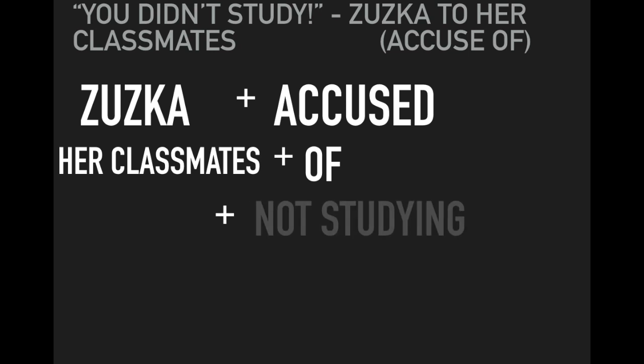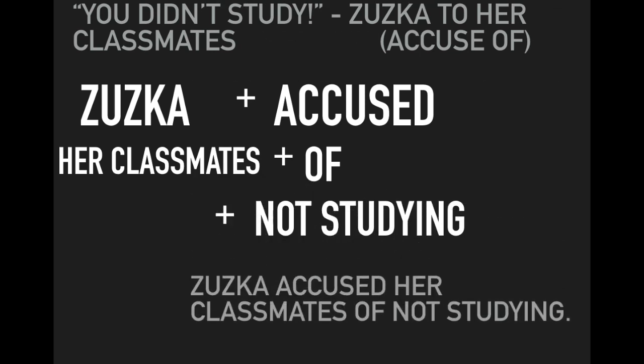If she was accusing them of doing something, so maybe saying like, you cheated, then we don't have a not there. We just say Zuzka accused her classmates of cheating. But because here she's accusing them of not doing something, we put not and then the ing verb, and we get this final sentence. Zuzka accused her classmates of not studying.